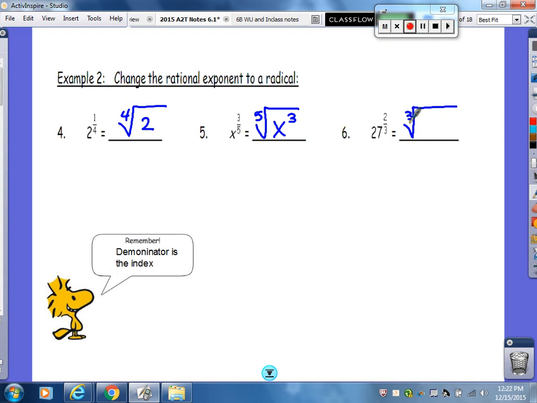This is going to be the cube root of 27 squared. Probably a good idea to put parentheses around that, because if that 27 is negative, that's going to affect our answer. So that's the other way: changing from rational to radical, and then from radical to rational. We need to be able to change both back and forth to be able to simplify what we're going to be working with later.